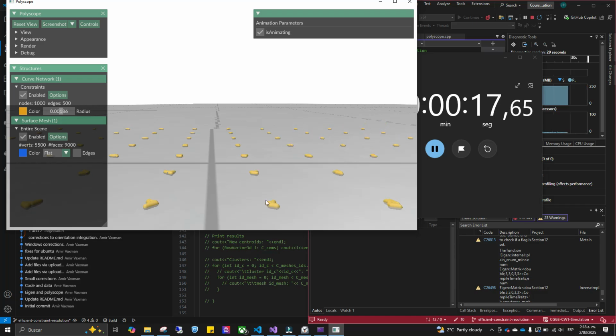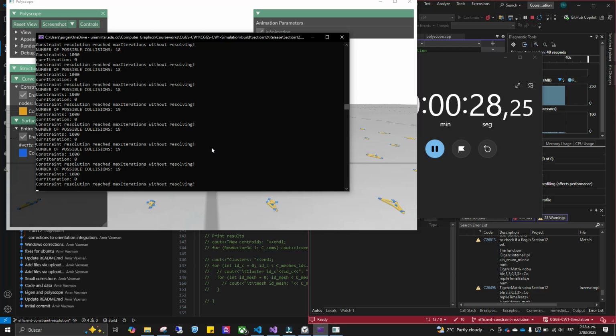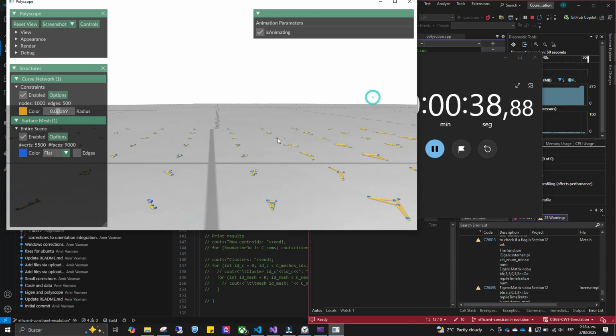The difference is evident outside. The simulation runs much faster than it did before, and we can see that even though the constraints are not being resolved, these are being solved not as well as expected.